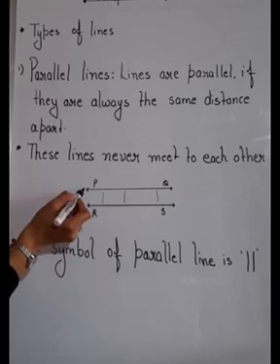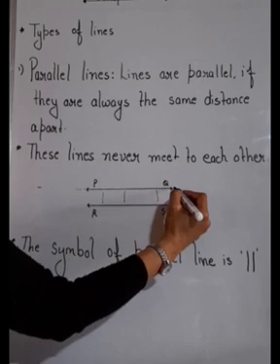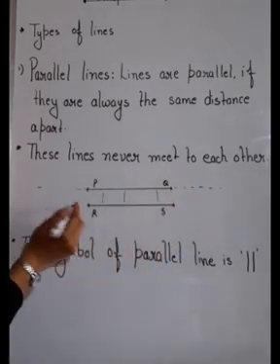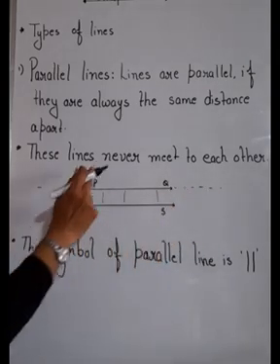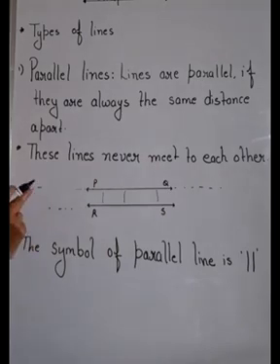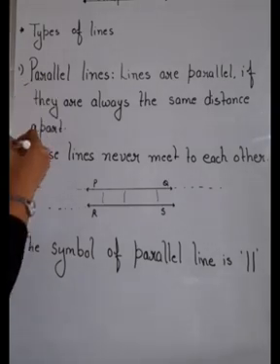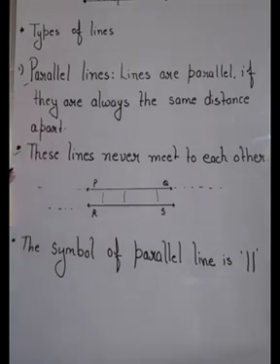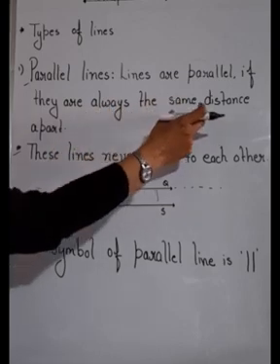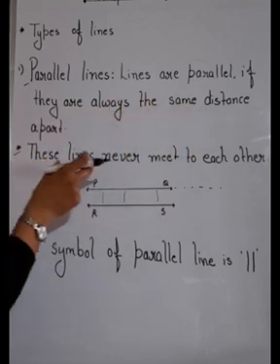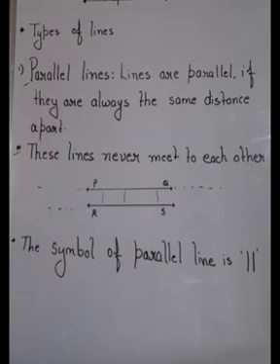If I'm extending this line, it will go like this. If I'm extending this line, it will go like this. So they both will never meet each other, or they will never intersect each other or cut each other at any point. Okay, so these two are the properties of parallel lines, that they are always the same distance apart, and second, these lines never meet each other.